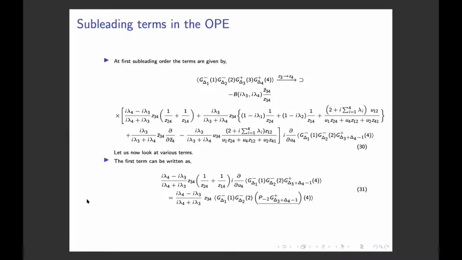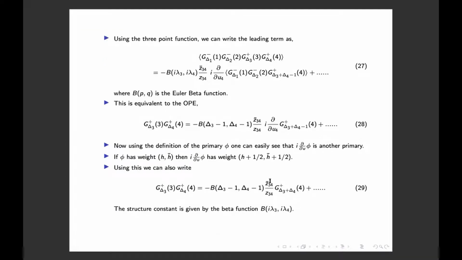Okay, now let's look at each of the terms. This is a subleading term because this multiplies z bar 34 by z34. The first term was this b times z bar 34 by z34 into g plus.